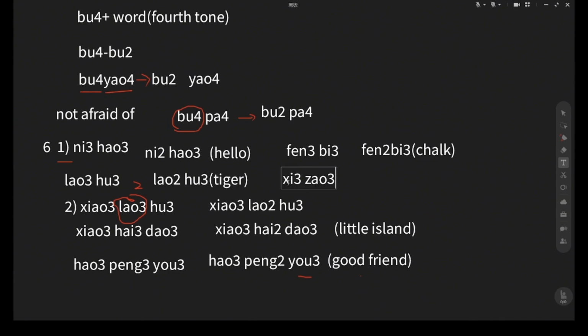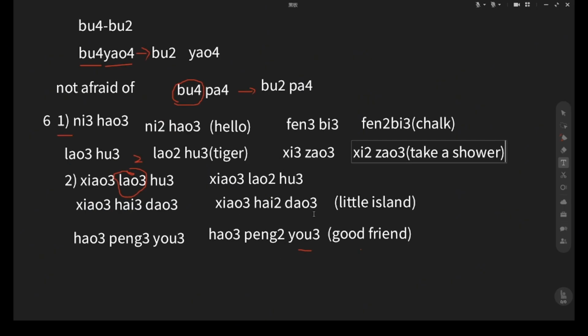This one, 洗澡, we don't read it 洗澡. 洗澡 means take a shower. One more example: 想洗澡, want to take a shower, okay?